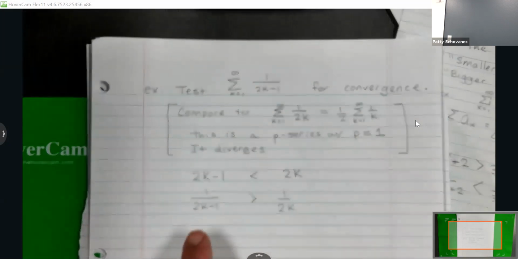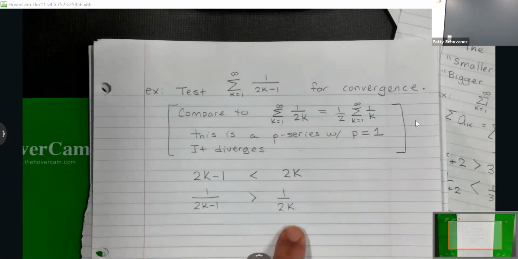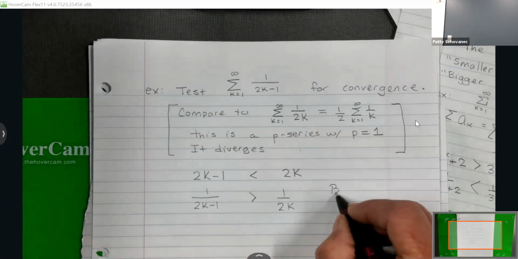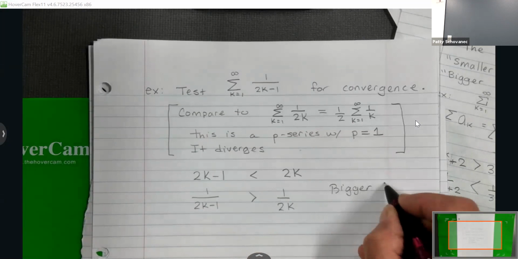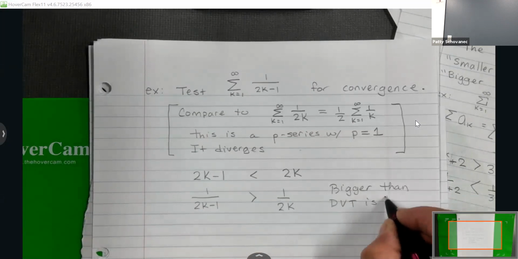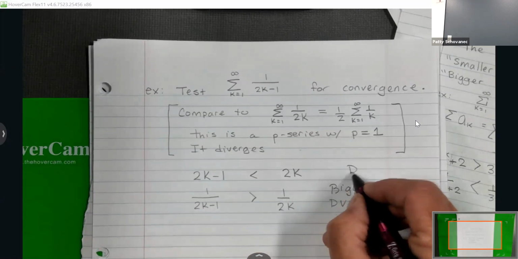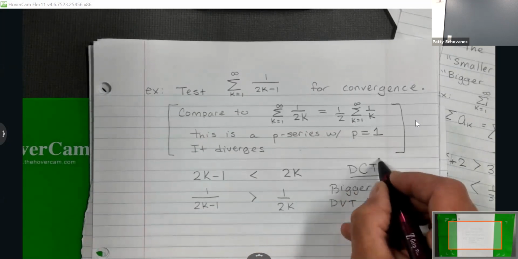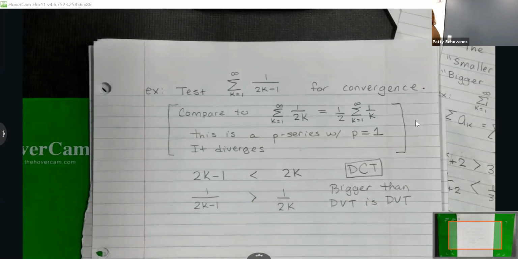So the terms in the series that we are testing are bigger than the terms in a divergent series. And the direct comparison test tells me that bigger than divergent is divergent. So that's the direct comparison test. Both results: smaller than convergent is convergent, bigger than divergent is divergent.